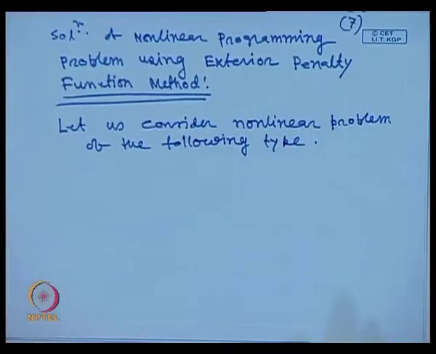So, if you have a nonlinear problem and the constraints are either linear or nonlinear, first you reformulate the problem into an unconstrained minimization problem, UMP, that we have already discussed earlier, but only the point is your initial guess must be outside the feasible region.